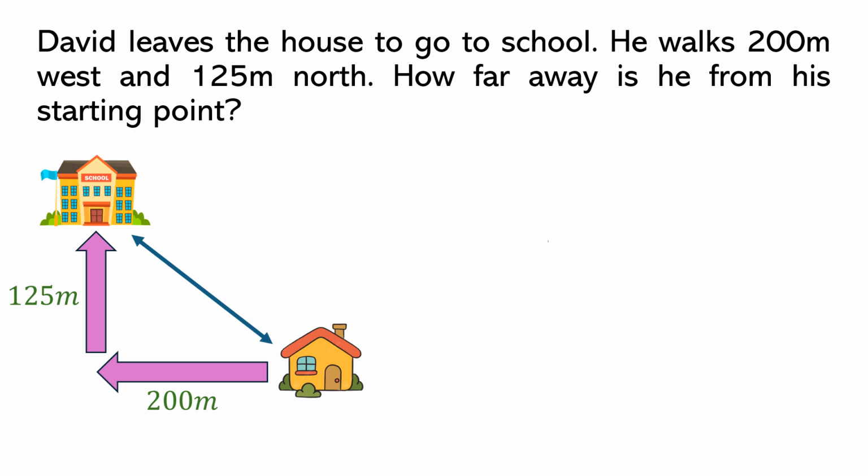Then you just need to add 200 and 125. So it's a kind of tricky problem. So again, it's saying how far away from his starting point, so it should be the direct distance. It's also what you call displacement.